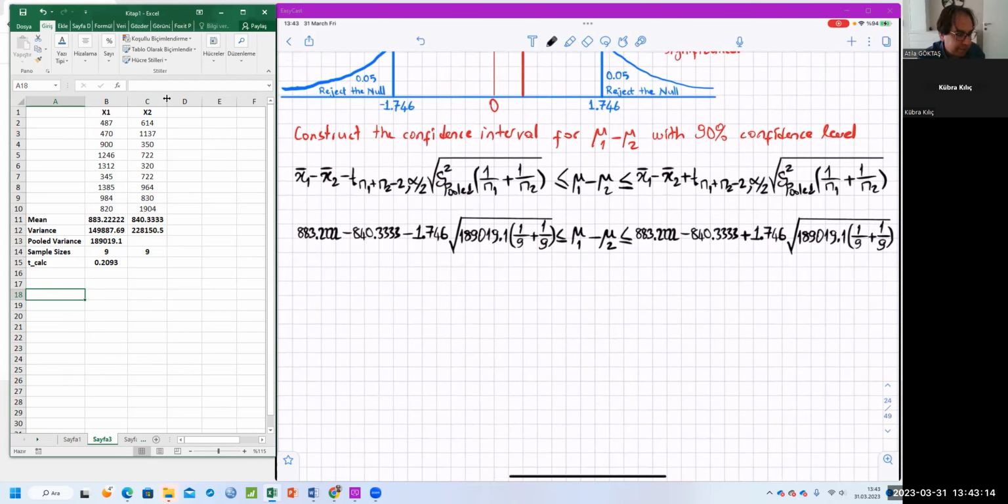I'll perform this calculation myself. Or if you have a calculator, you can also work this out yourself and tell me the lower bound.